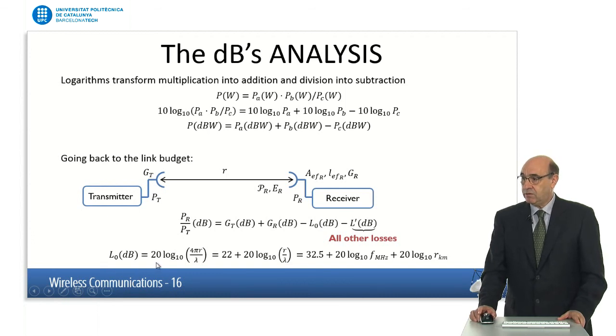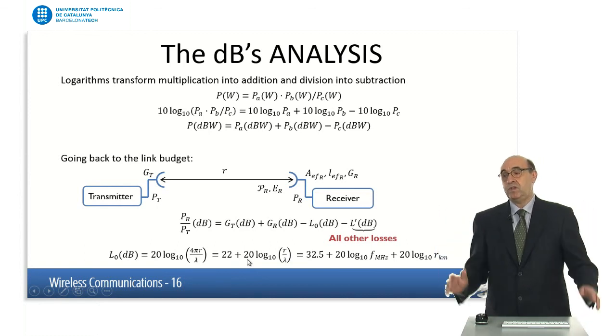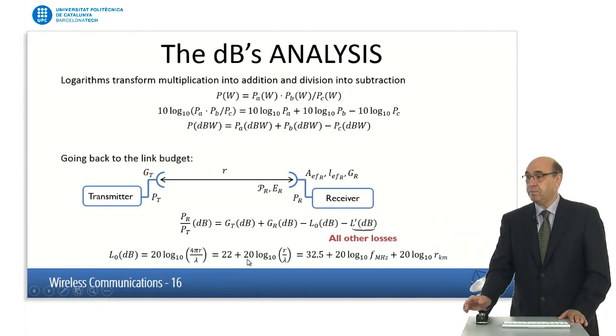And this is how the free space propagation loss looks like. It's 20 log of 4 pi r divided by lambda, and you can write this as a fixed number, and 20 log of the ratio of the distance in terms of wavelengths. That means that if you keep increasing the distance, then the loss will just go as 20 log of this value.